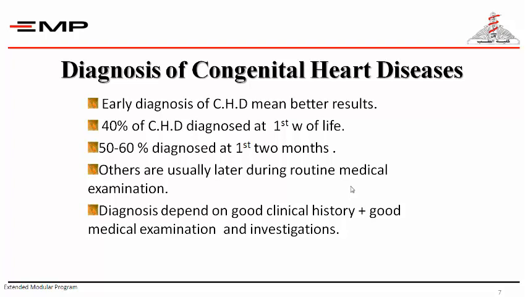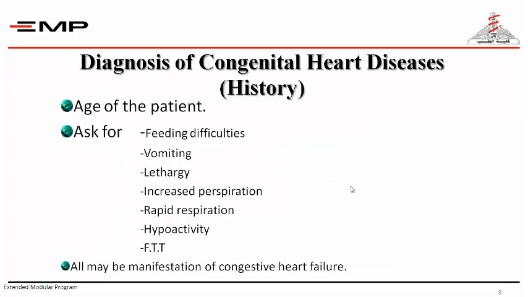This results in very good outcomes and prolonged survival. 40% of congenital heart disease can be diagnosed in the first week of life, because it's symptomatic, either by the shunting, or by the cyanosis, or by failure to thrive, difficulty of feeding, chest infection. 50 to 60% are diagnosed in the first 2 months, because, as we said, the presentation is variable and all can present early. Others are usually diagnosed later during medical examination, especially the small lesions or the valvular lesions. The diagnosis depends on a good clinical history, good medical examination and investigations.